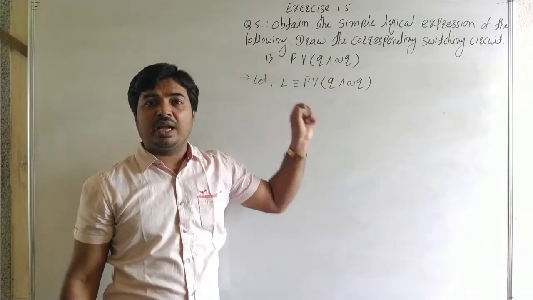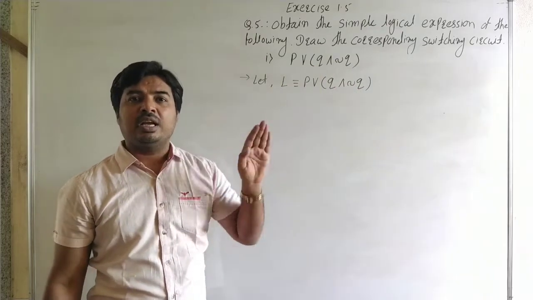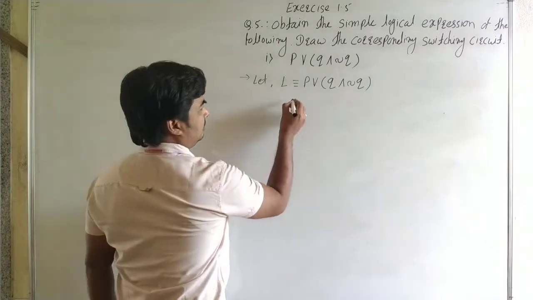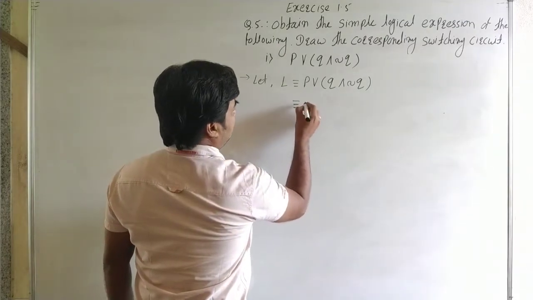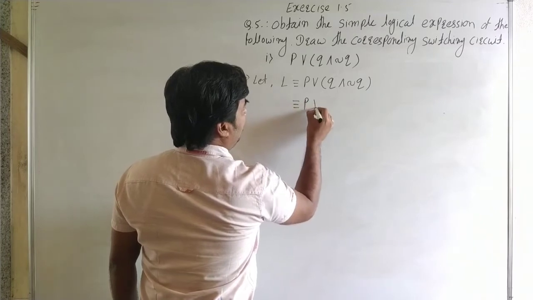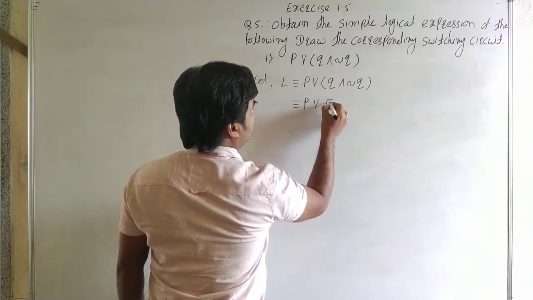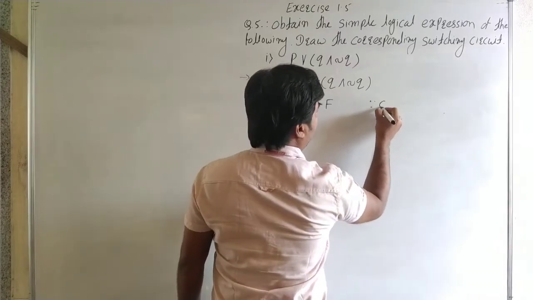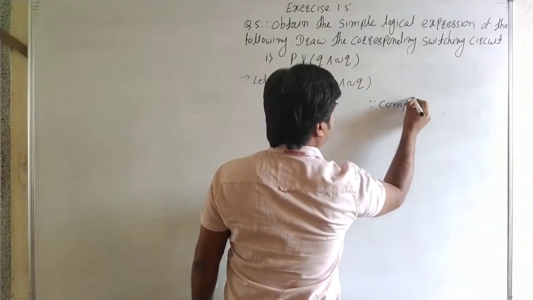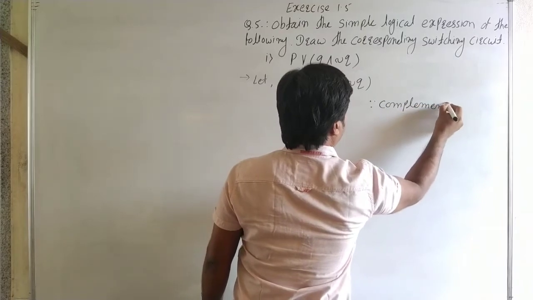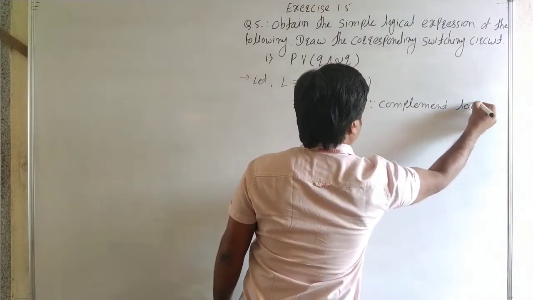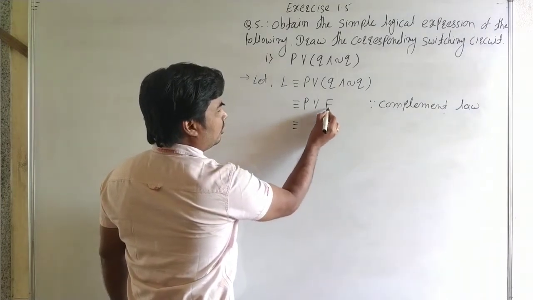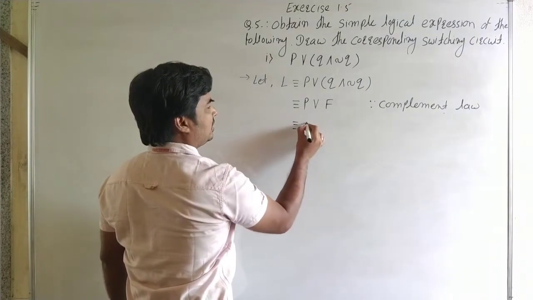That means a statement and its negation, that is a contradiction. That means we can write it as false. So it is P or false. Here we use the complement law. Now P or contradiction, statement or contradiction, is the statement.